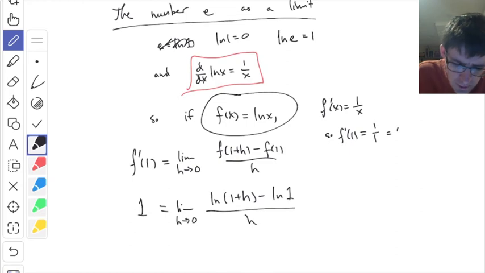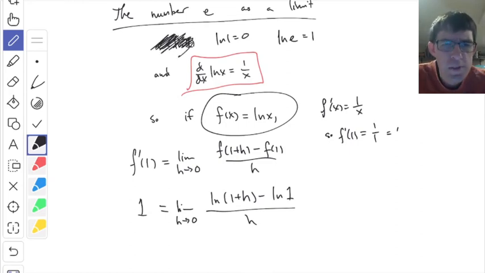You should have had some bad feeling when I said that. ln of e equals 1 is what I meant to write. The natural log of 1 is 0. We said that that's a basic property of the natural log. What's special about the number e? It is the number whose natural log equals 1. Sorry about that. So when we simplify down here, the ln 1, when you see it inside there, that's 0.